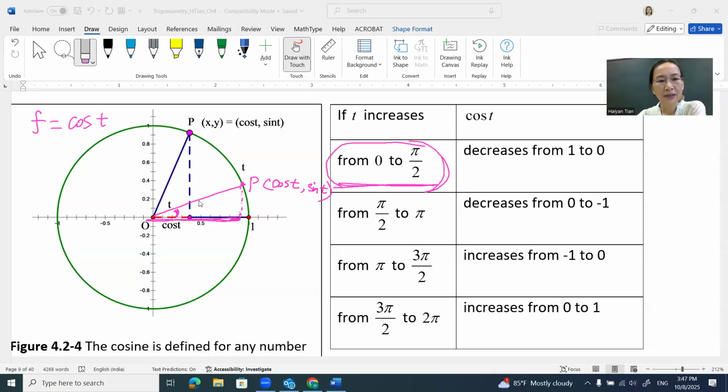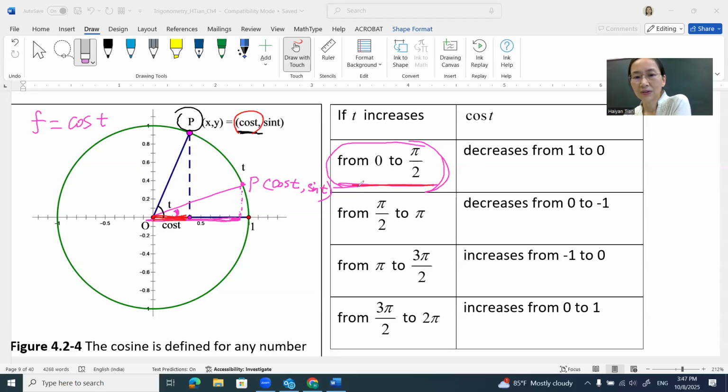And with the other P here, the t value is larger, right? The x coordinate, which is the cosine value, is actually smaller. You see the x is smaller. So we notice that in this range, the larger the t, the smaller the cosine t.